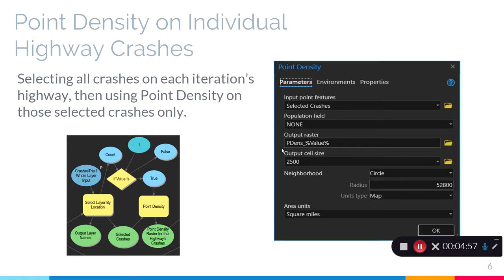Because the iteration gives you this value output, you can use that as a variable later on. That was nice, because otherwise, if you don't use that, it just overwrites the item over and over again, and you end up with just the last iteration's raster.